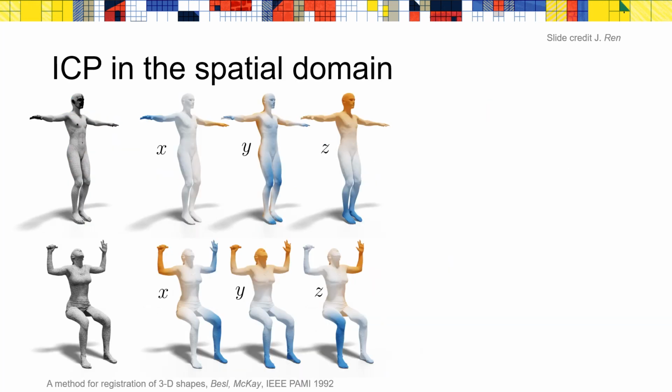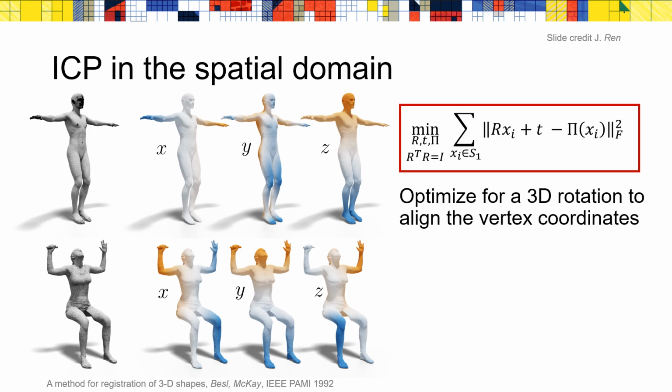The first method is based on the ICP in the spatial domain, that was proposed in the paper, A Method for Registration of 3D Shapes. It consists in the optimization for a 3D rotation, plus a translation, that should align the 3D embedding of the two shapes.